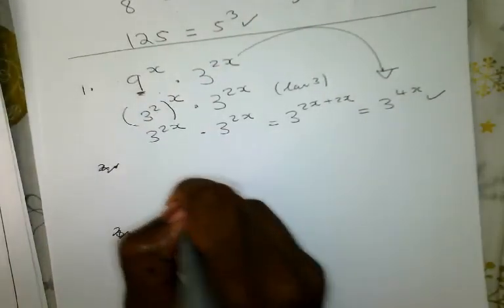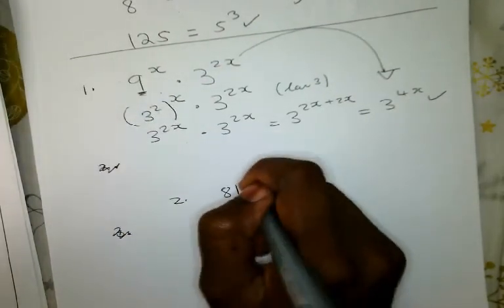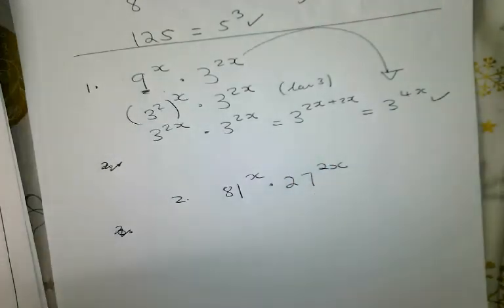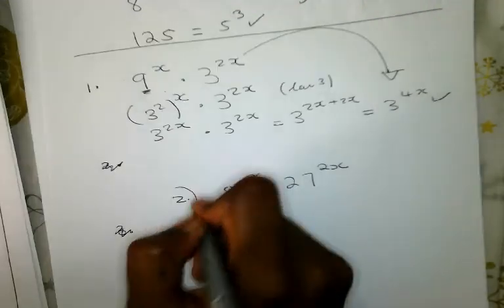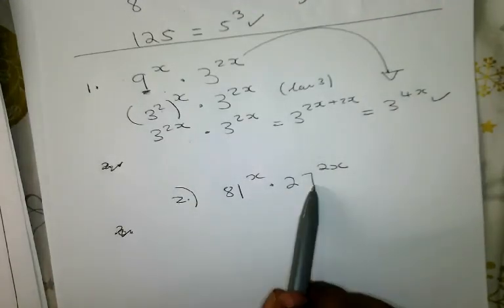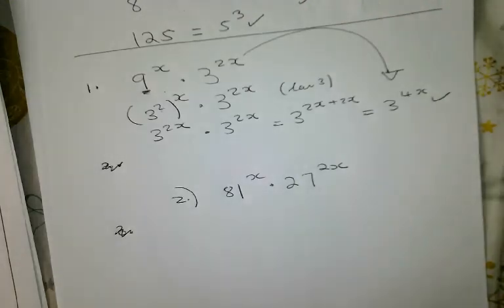Let me do this one. What are we going to do there? Prime base. Yes, we're going to change all these numbers to become prime bases. Even if you're not sure if a number is a prime base or not, you can check it in the calculator using the method I showed you.